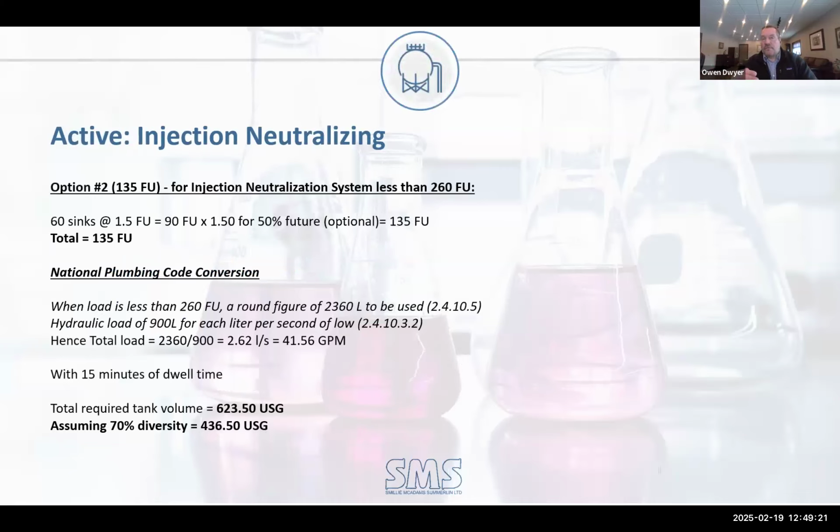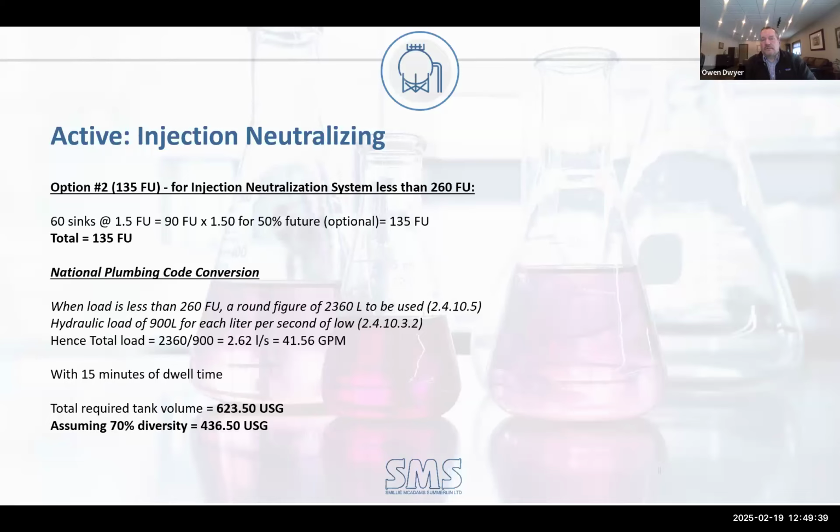Second option, if your fixture unit load is below 260, as per that 2.4.10.5, a round figure of 2,360 liters is used. And again, under 2.4.13.2, 900 liters for every liter per second.